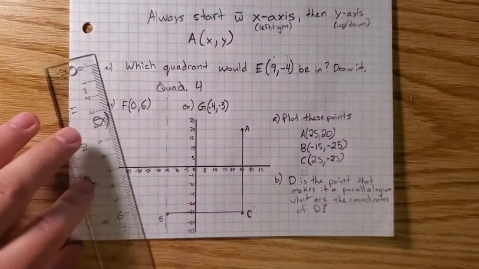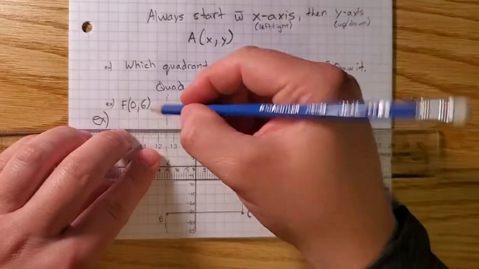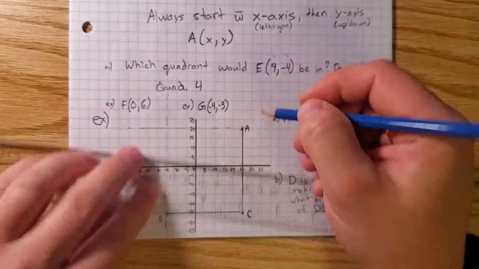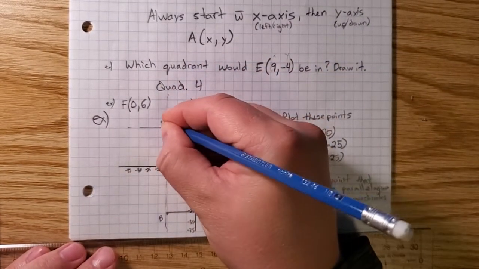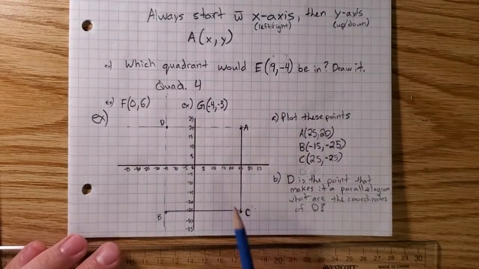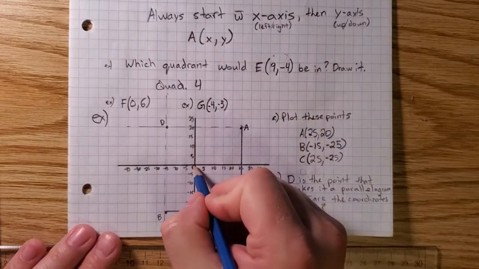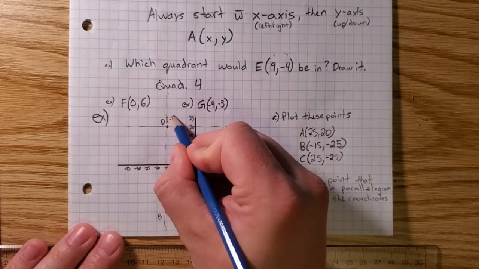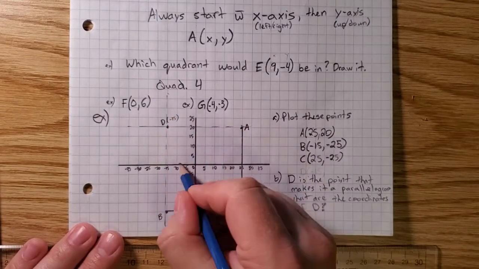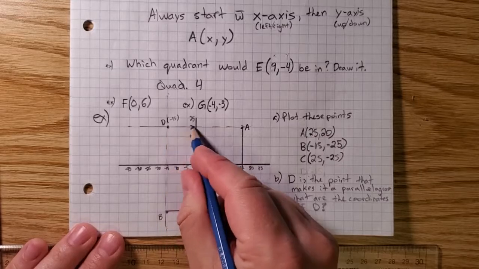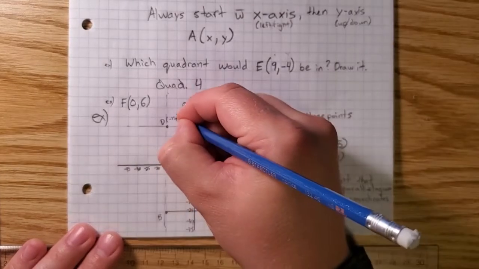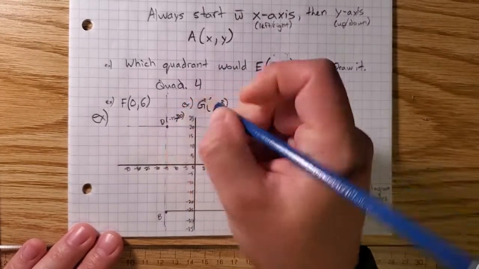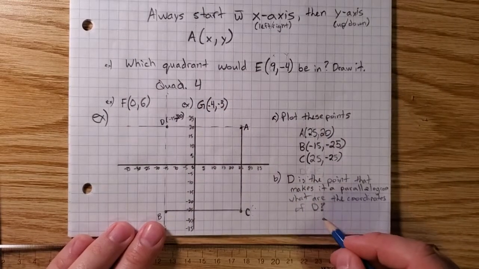To make a parallel line, where would these cross? They cross right here at point D, which is what? What's the coordinates of D? Well, on the x-axis, it's at -15. And then up to 20, right? So it's -15, 20.